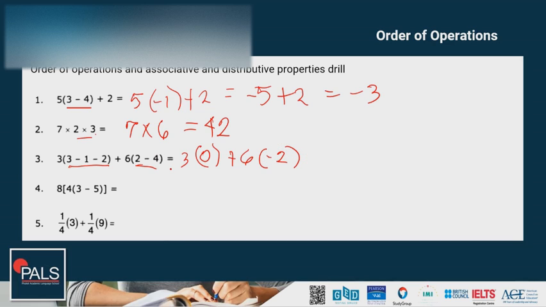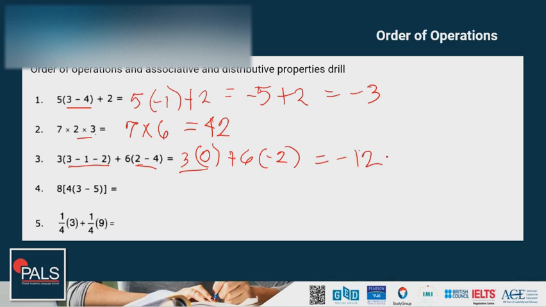So 3 times 0, any number multiplied to 0 is 0. So this one is 0. And 6 times minus 2 is equals to minus 12. So the answer in number 3 is minus 12.